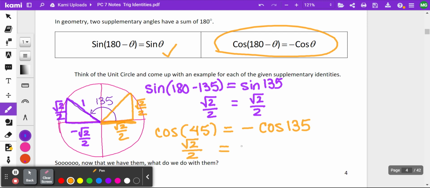And that's equal to the opposite of the cosine of 135, which is negative root 2 over 2. Well, there you go. It worked. Okay, so here's what you need to do. You need to memorize, memorize, memorize, because we are going to be using these properties over and over and over again. Have a great day, everybody.